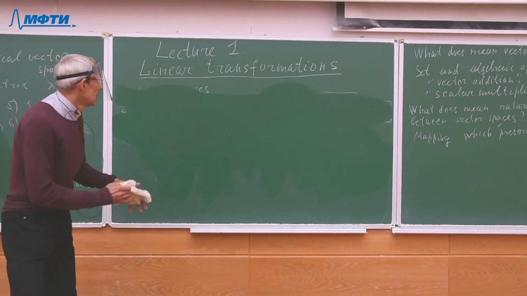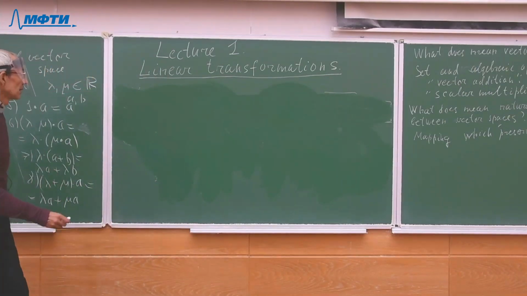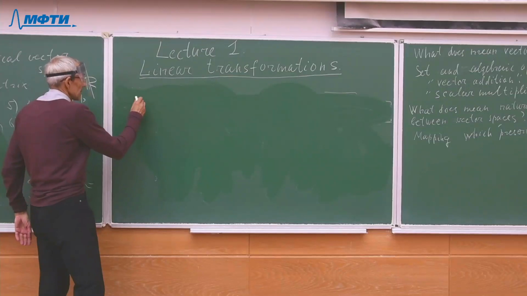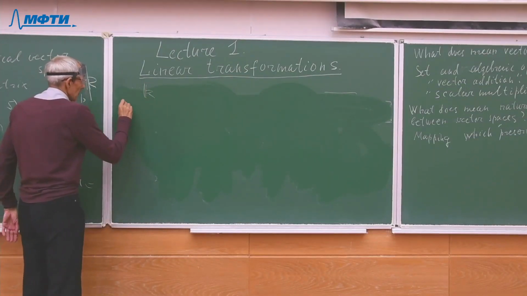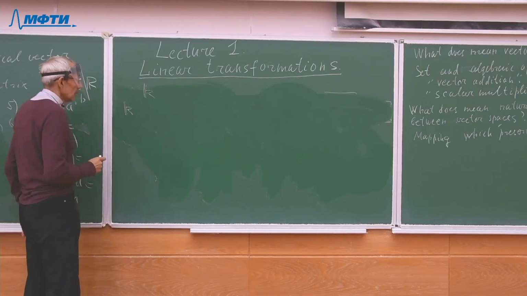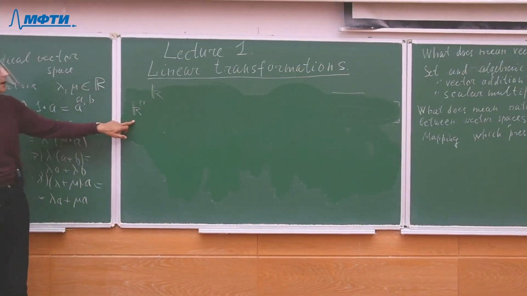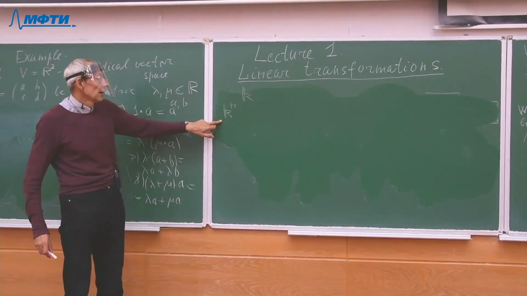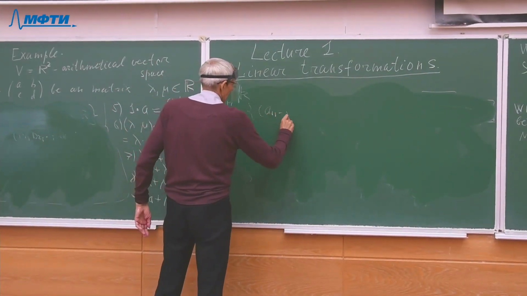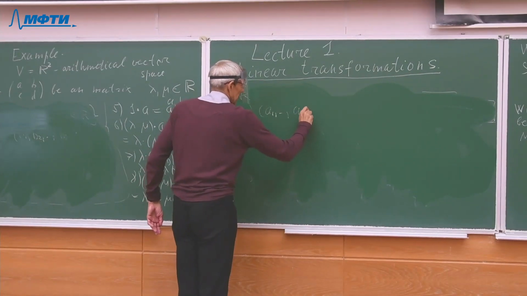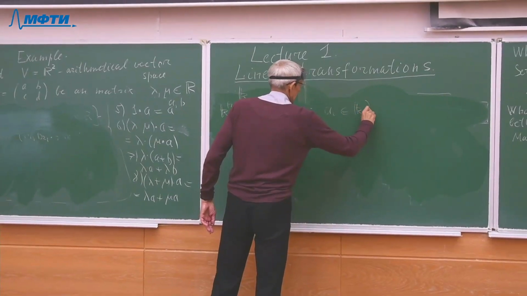I call some simple example of a vector space. If you have a basic field K, we can introduce the so-called K^n, the set of n-tuples of elements of the basic field.